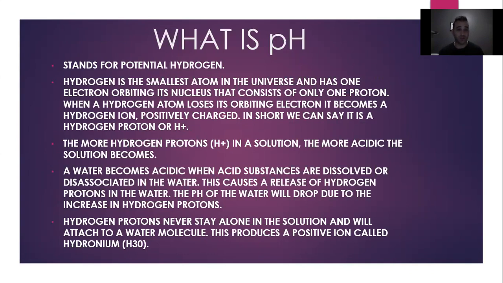Like we said here, it's called hydronium, and it has a positive charge because it has an extra hydrogen proton. So in short, just so you have a deeper understanding, when we talk about H+ or potential hydrogen, we're really talking about hydronium, okay?